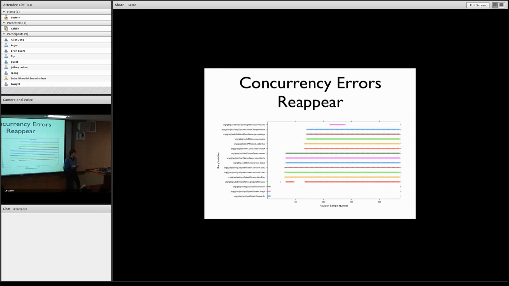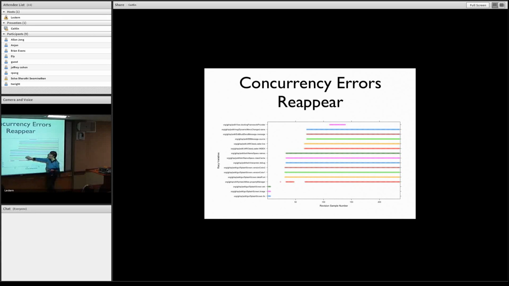The other thing I want to mention is that concurrency errors are not just at one point in time. So this graph is from a project that I've been working on looking at concurrency errors over time. What these are, are all variables that race in JEdit, which is an editing program. And these are sampled revision numbers.